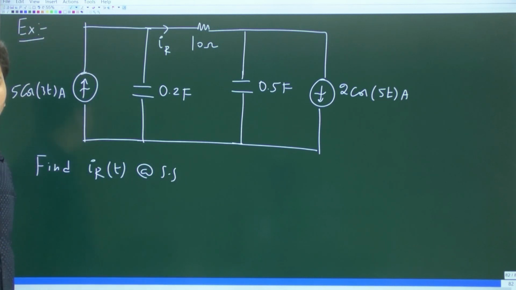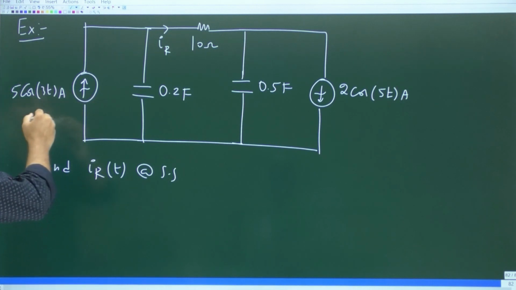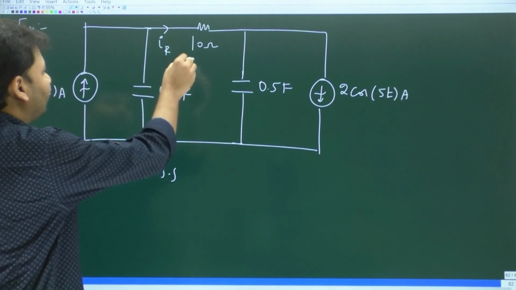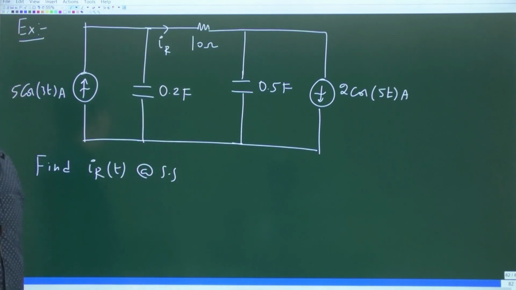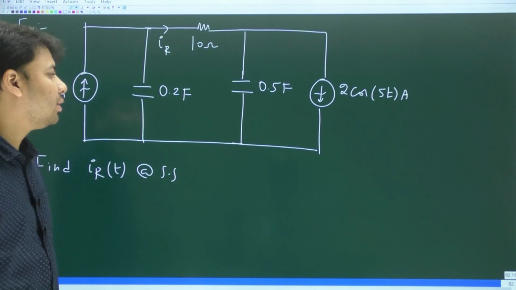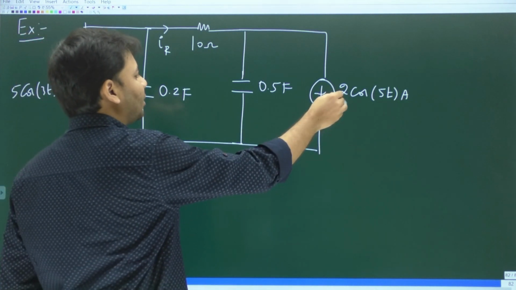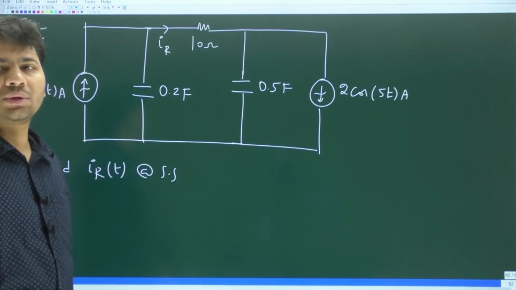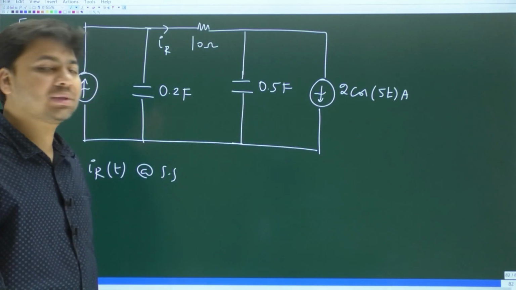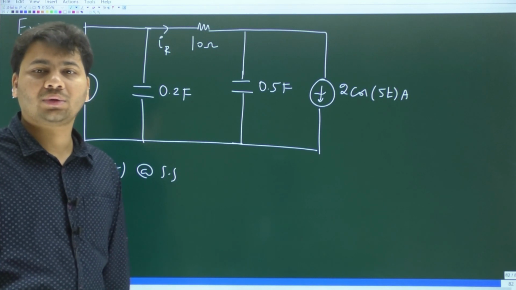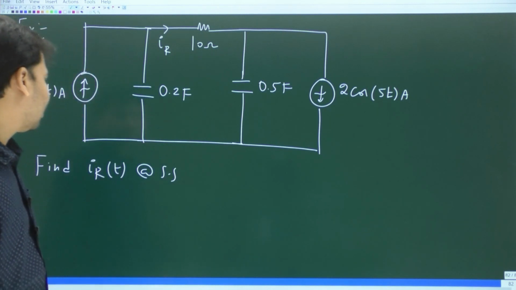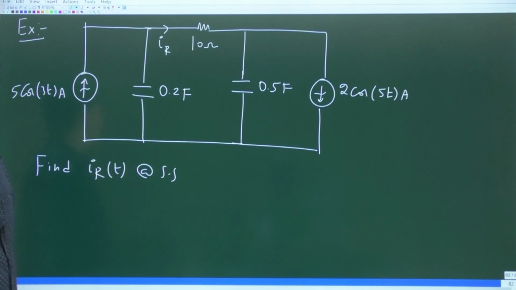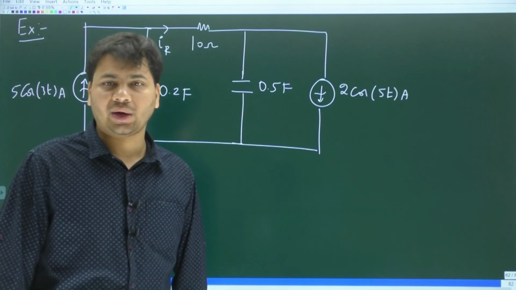In the first case, only this source will be active. Then we will find the phasor current through this 10 ohm resistor. And in the second case, only this source is going to be active. Again, we will find the phasor current flowing through the resistor. So let us use superposition to find the current through the resistor as a function of time at steady state.